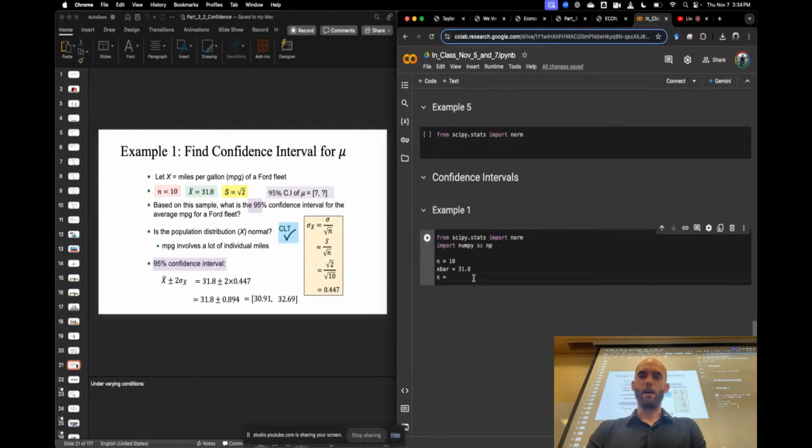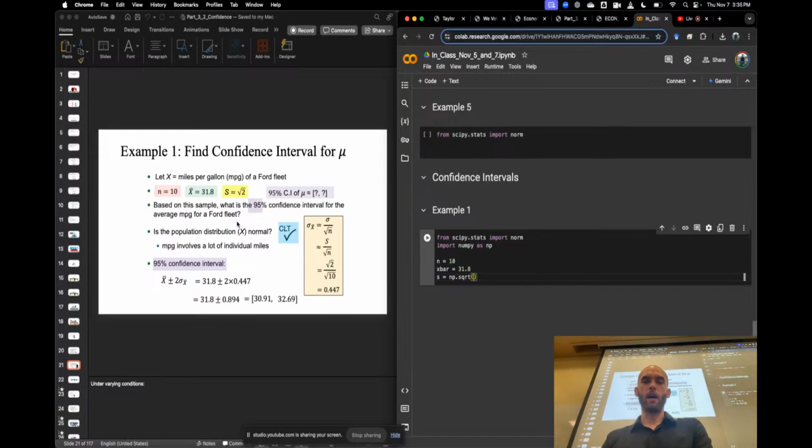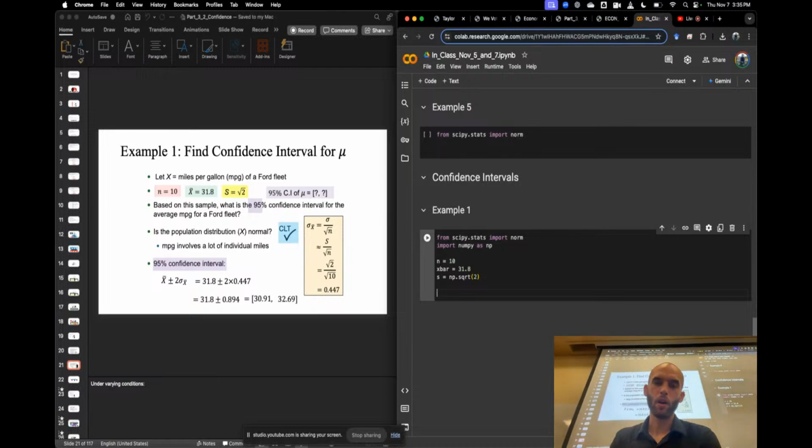So we import NumPy as NP, and then the way we write out a square root is to do np dot sqrt. So this is sqrt, and this is just the square root function. So we're going to put in the square root of 2. Okay.